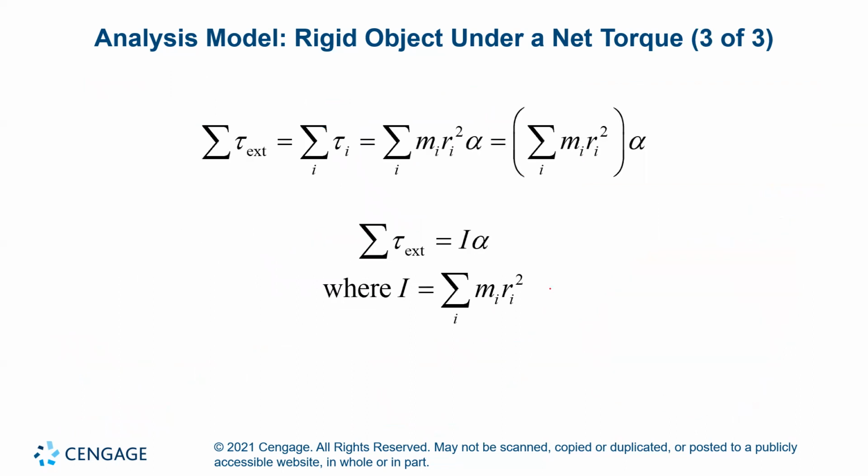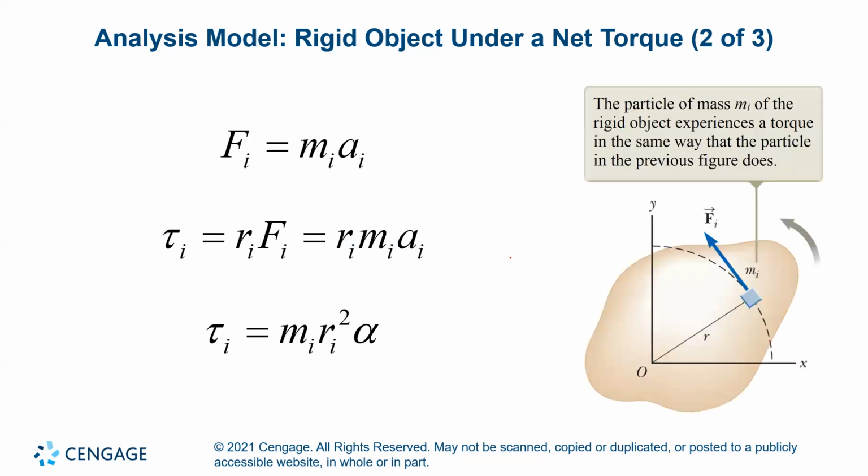If you have multiple particles, like a rigid object, you can think of the rigid object as composed of multiple tiny masses. Then you get the torques for each individual mass, and for each individual mass you get m_i r_i squared.